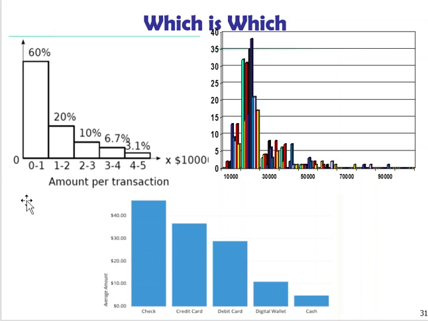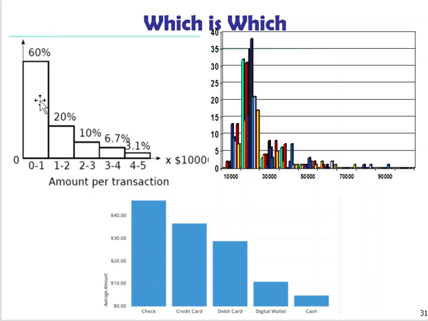A bar chart looks like this, where the x-axis can be basically anything. And here in the histogram, the y-axis could be frequency or density.